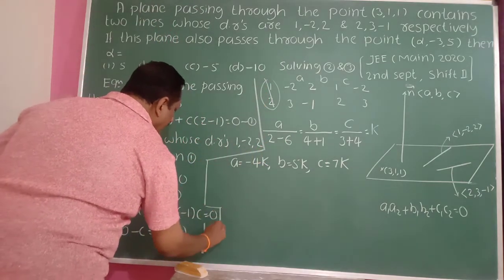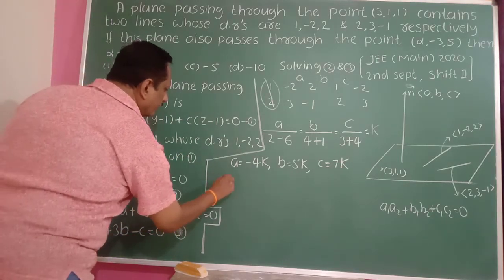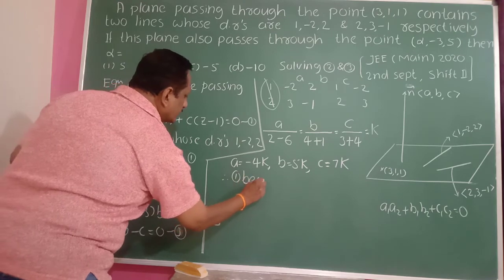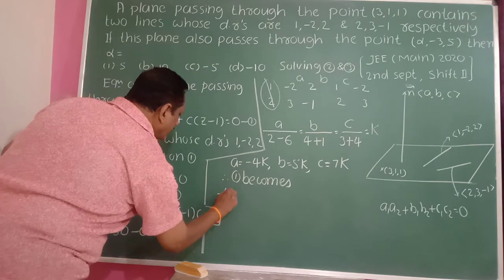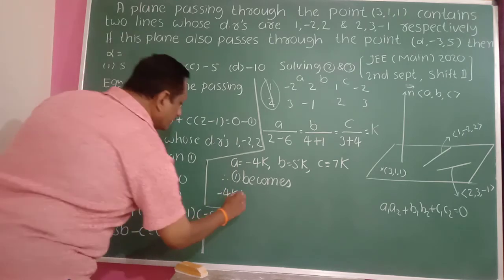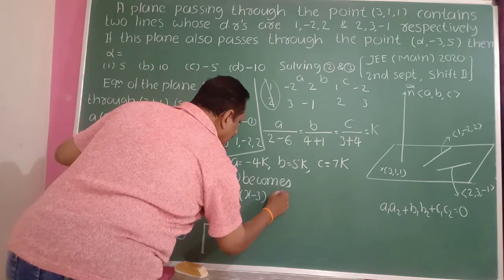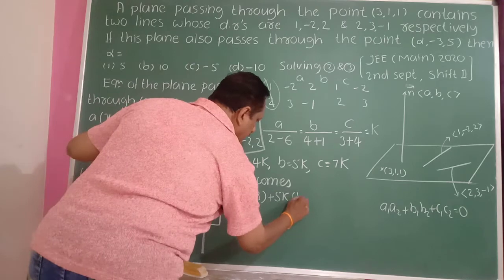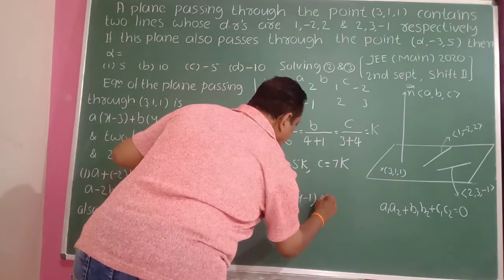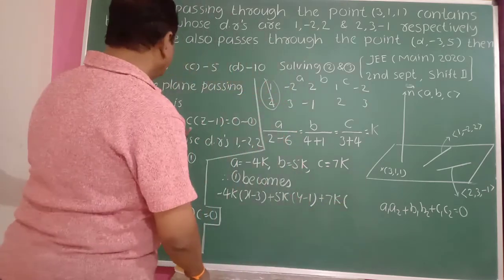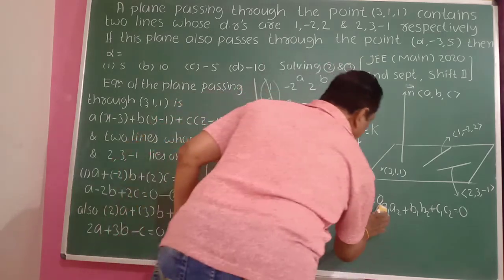Okay. Then, use these 3 results in equation 1. Therefore, equation 1 becomes minus 4K into x minus 3 plus 5K into y minus 1 plus 7K into z minus 1 is equal to 0.